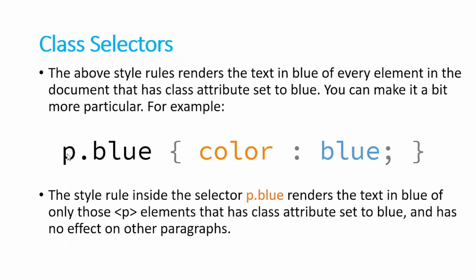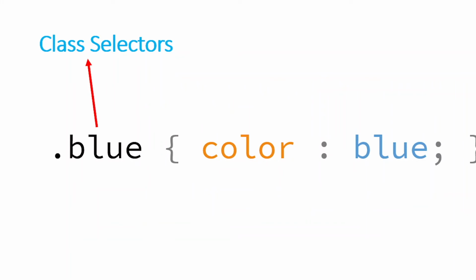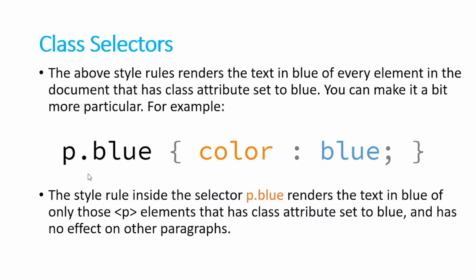But if p.blue is there, that means you are telling the CSS to only select the p elements which have this blue class, not all the elements with the blue class, but all the p elements which have this blue class. p.blue means that. So this is one type of class selector as well. You can use direct .blue, or you can specify the tag name on which this class is called, and then follow the same pattern, property and value.